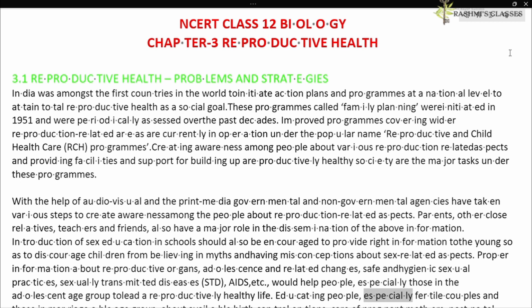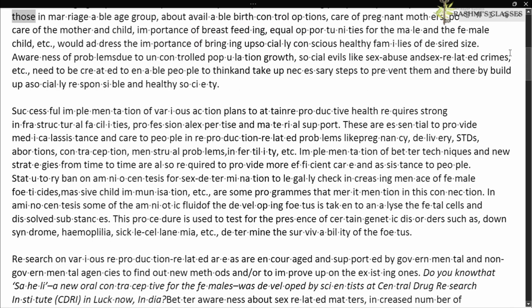Educating people, especially fertile couples and those in the marriageable age group, about available birth control options, care of pregnant mothers, postnatal care of the mother and child, importance of breastfeeding, equal opportunities for the male and the female child, etc., would address the importance of bringing up socially conscious healthy families of desired size.